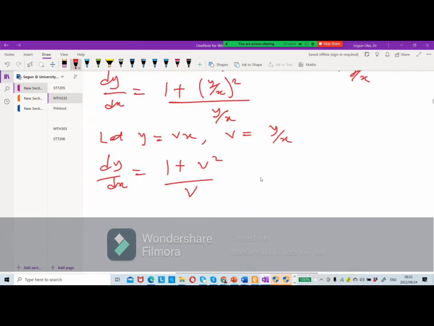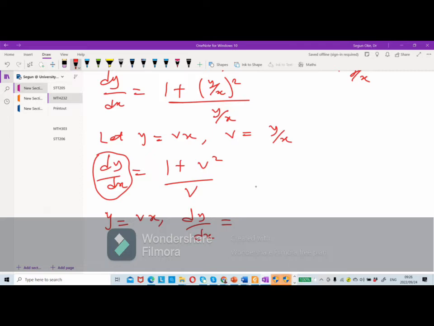Now, for those of us that are not sound in calculus, you still need to review it. Now, I need dy/dx to be in form of v. That is what I need now. Since I know that my y equals vx, what is dy/dx? I've done that initially, but let's do it again.